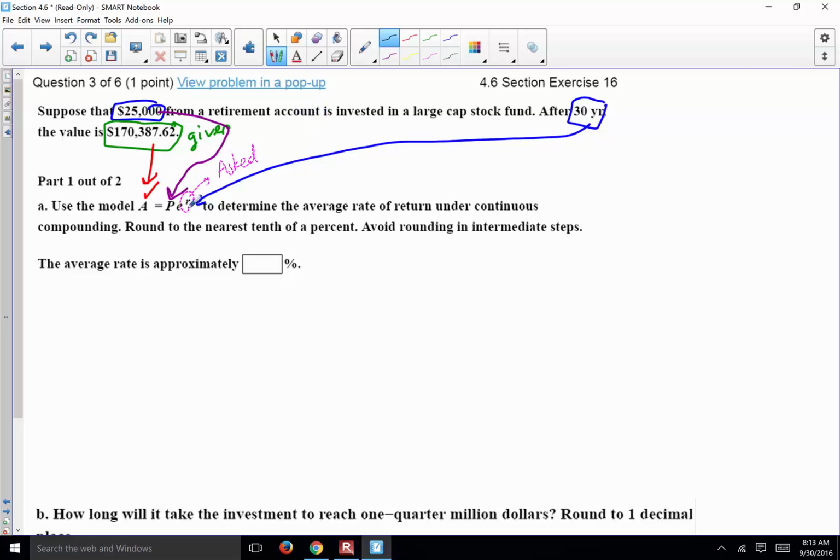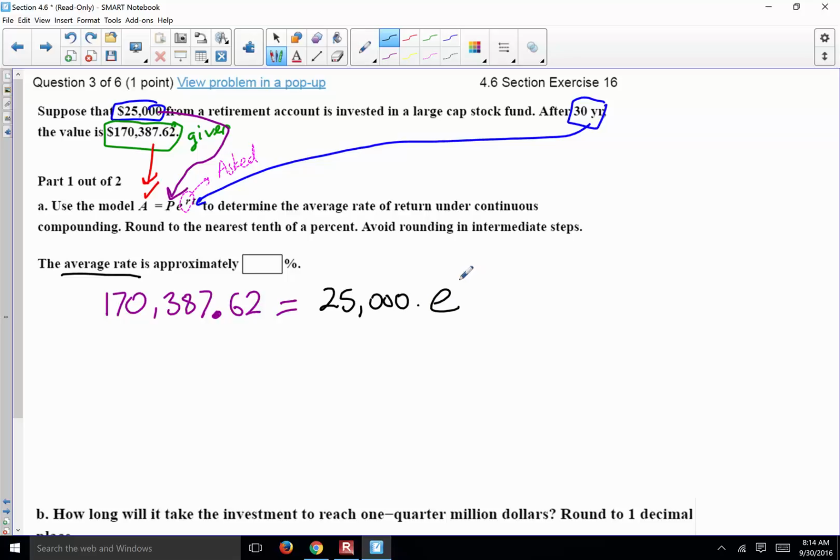Alright, let's first substitute all these given items and find the rate. What is the average rate? Approximately, you're going to round it to the nearest tenth of a percent. 173,387 is the final quantity, A. P is 25,000.